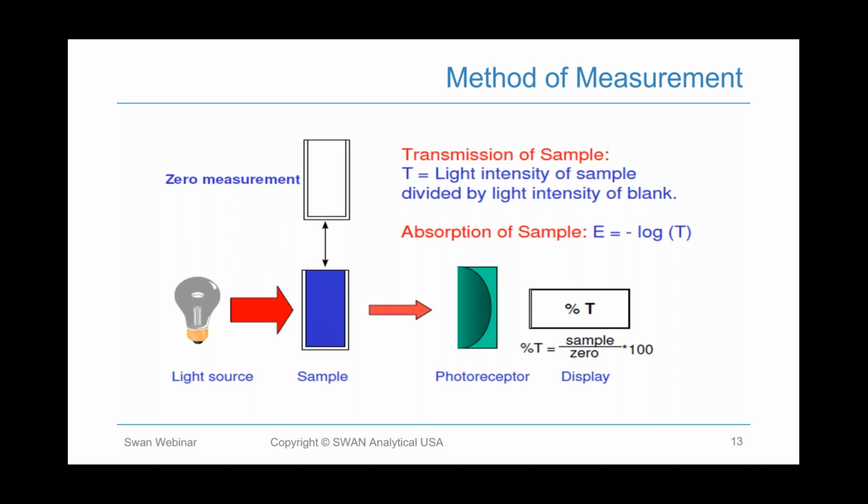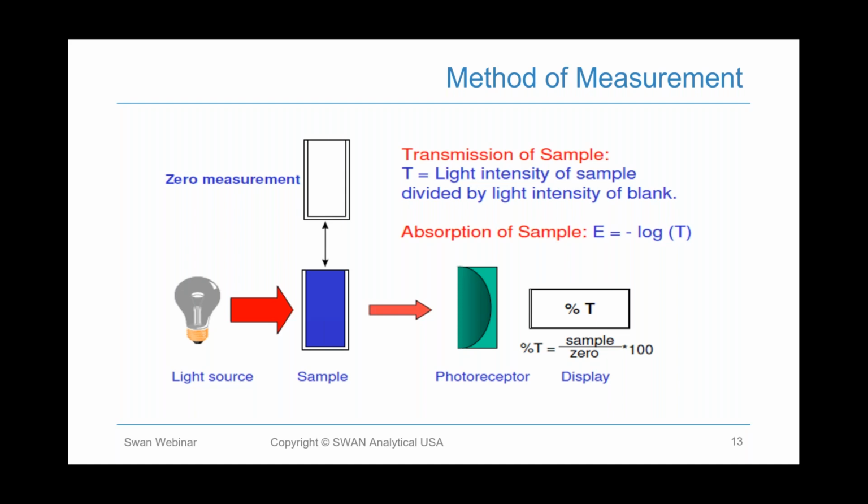So this is a little bit about how any colorimetric method works. At the top there, we've got a zero measurement, so that's just the sample with nothing added. Then we have the sample just below that with some chemistry added to it, and some time allowed to react. We shine a known light source on the left there through the sample.